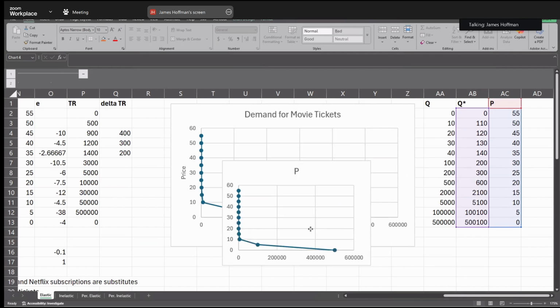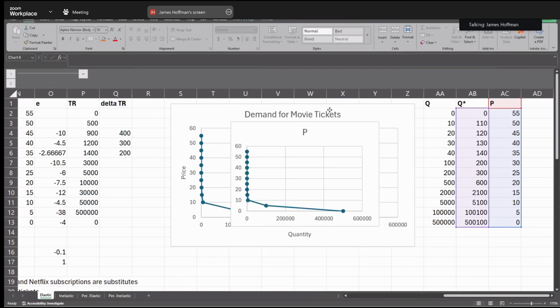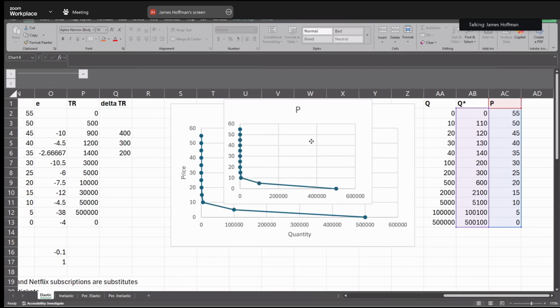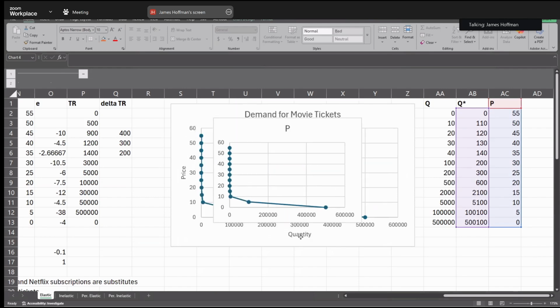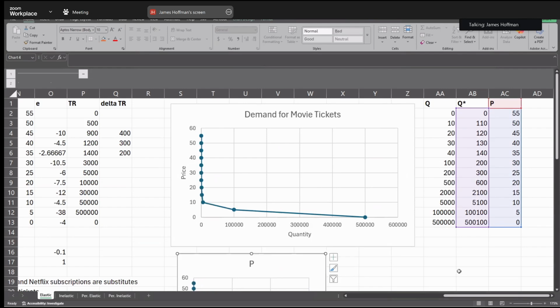And then this is the curve, it just doesn't, without showing it like this, you can't really tell it. But so our demand curve goes out like this. Right? What's Q star? Q star is the new demand quantity for movie ticket prices after the increase in price for Netflix.